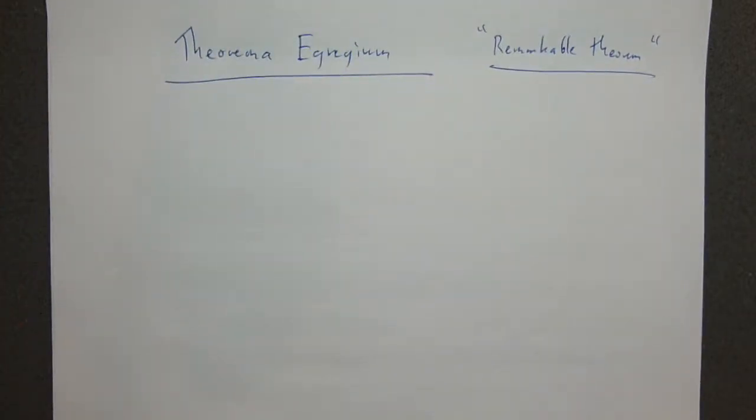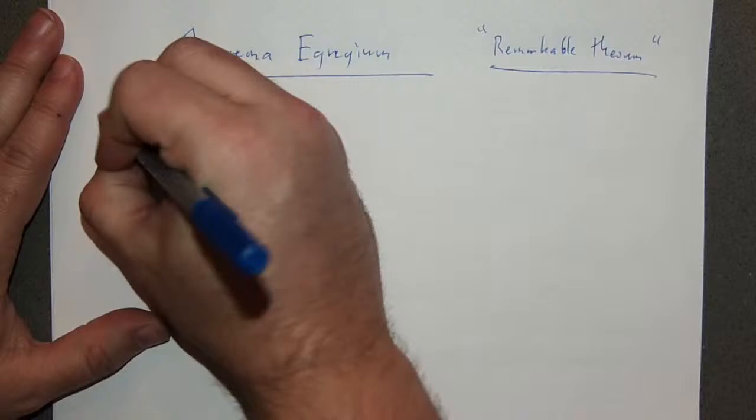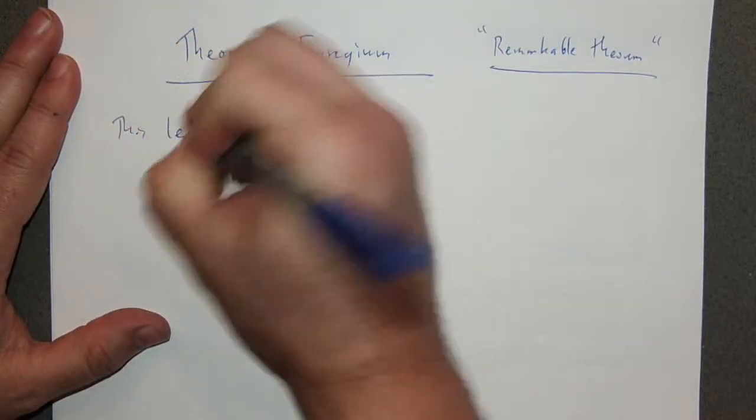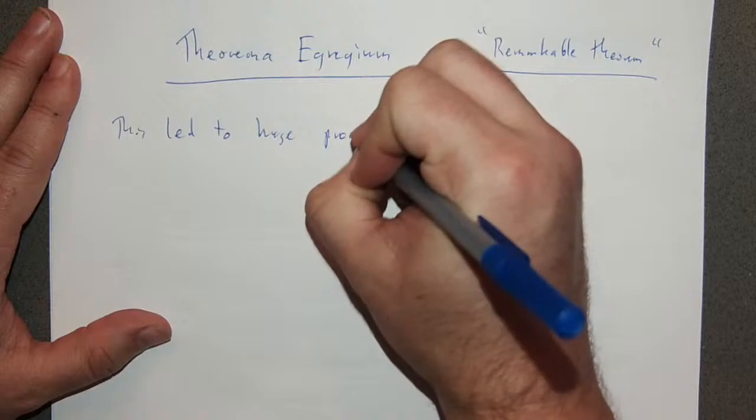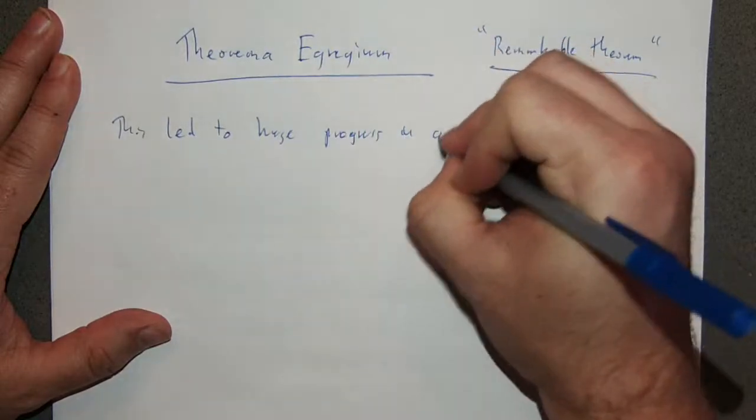It's actually kind of amazing that it works out to be like this. And so this led to a massive eruption in progress in geometry, to huge progress in geometry.